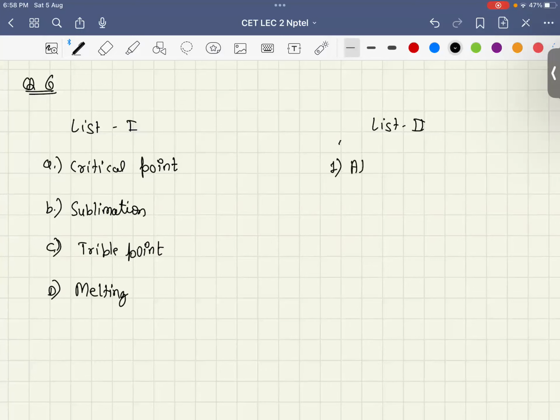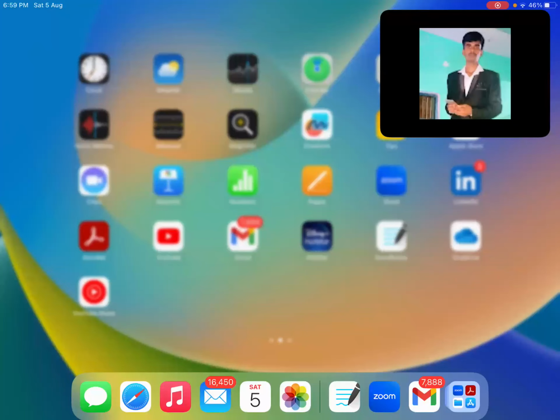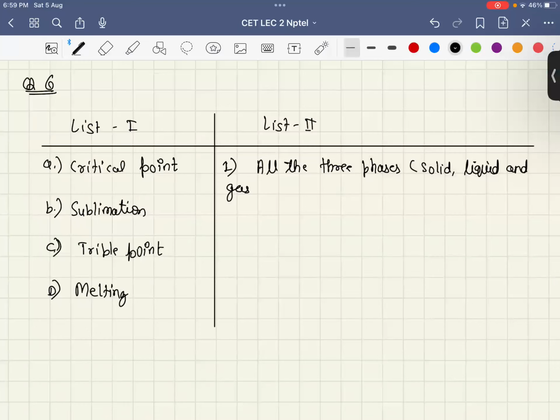Here we are going to have list 2. The first: all the phases, that is solid, liquid, and gas, coexist in equilibrium.